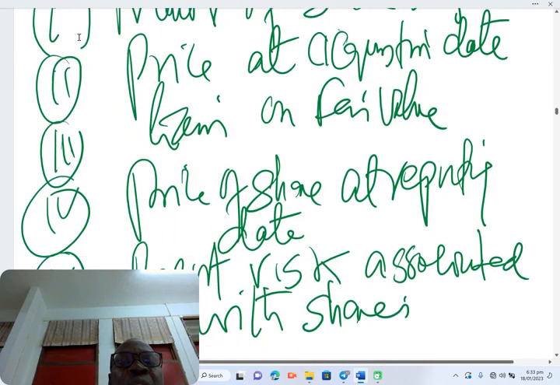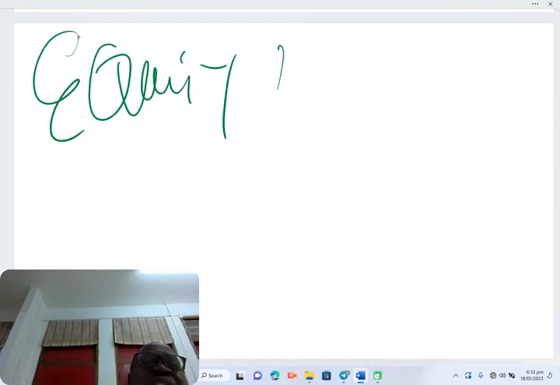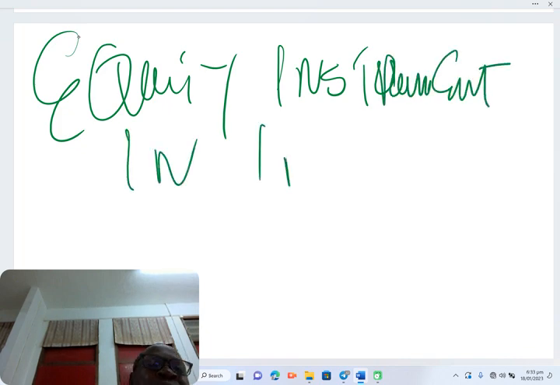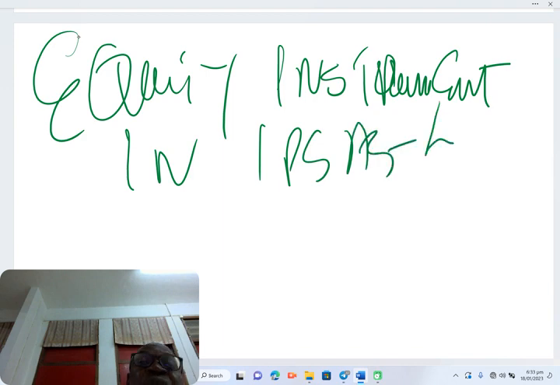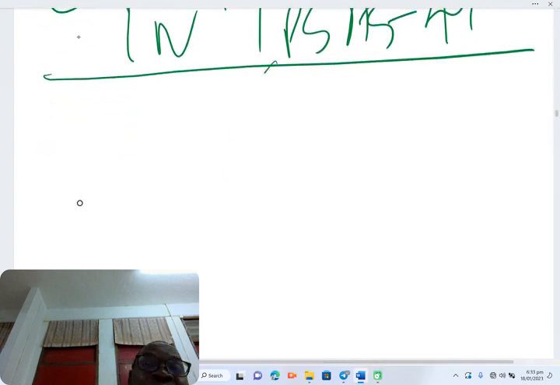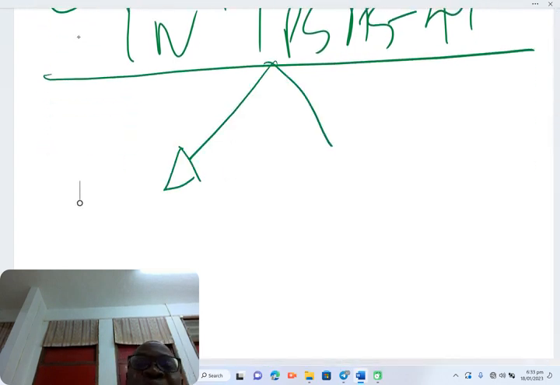So let's see equity. What is in equity instrument in IPSAS number 41? I said in this standard there are two options.